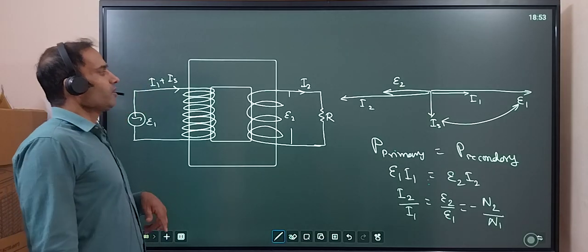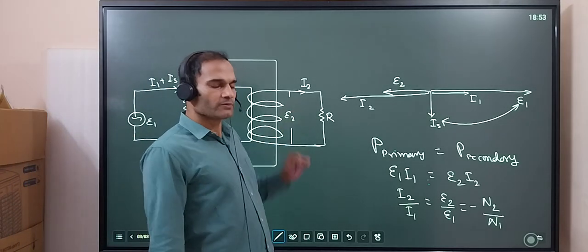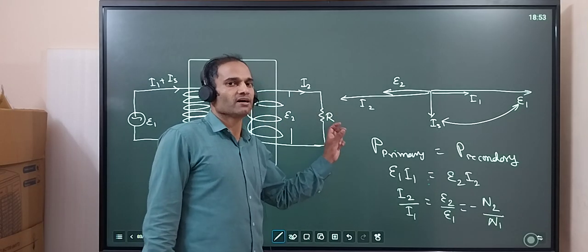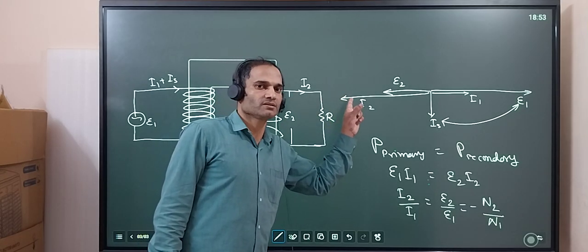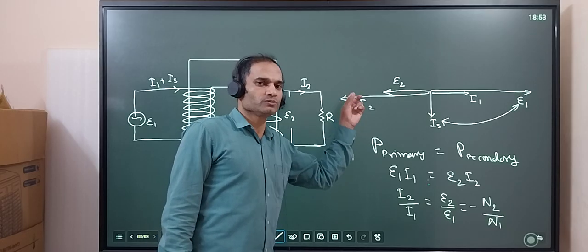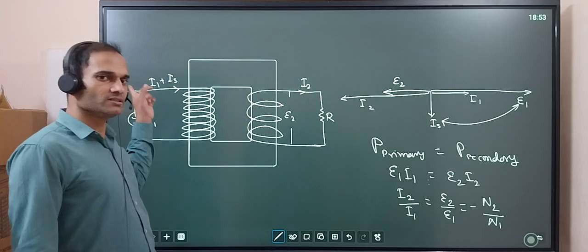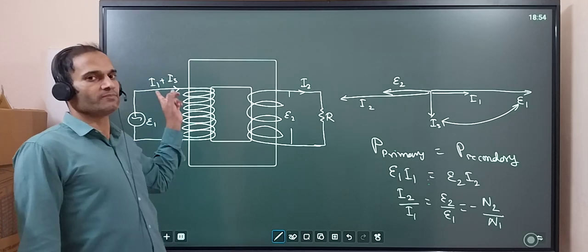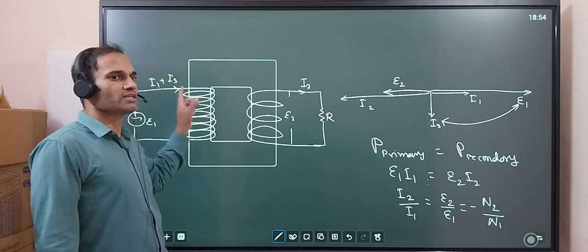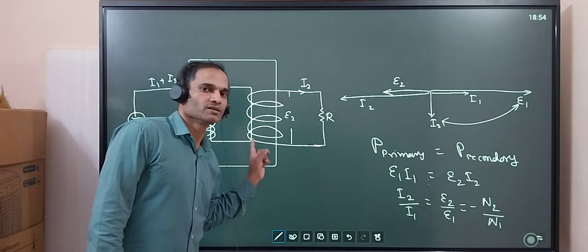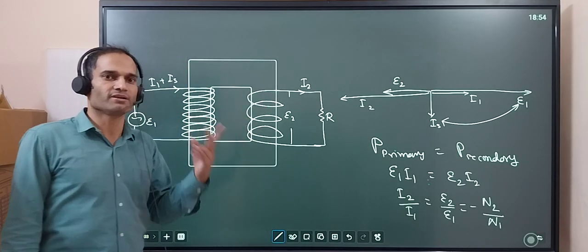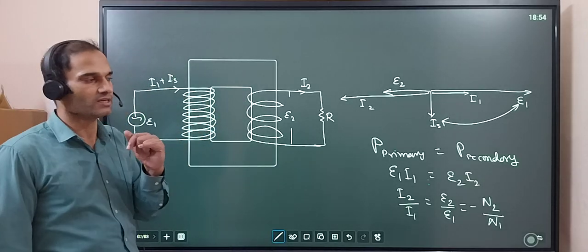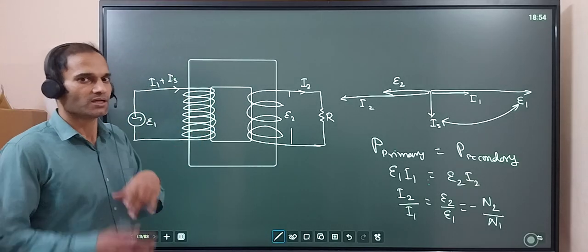Now what we did, we just put the resistance R here. Because of this R, I2 comes into the picture, and as soon as I2 is coming in, I1 is also coming into the picture. And what is the purpose of I1 coming into the picture? It will keep the flux the same. That means I1 and I2 are opposing in nature, in opposite phase.